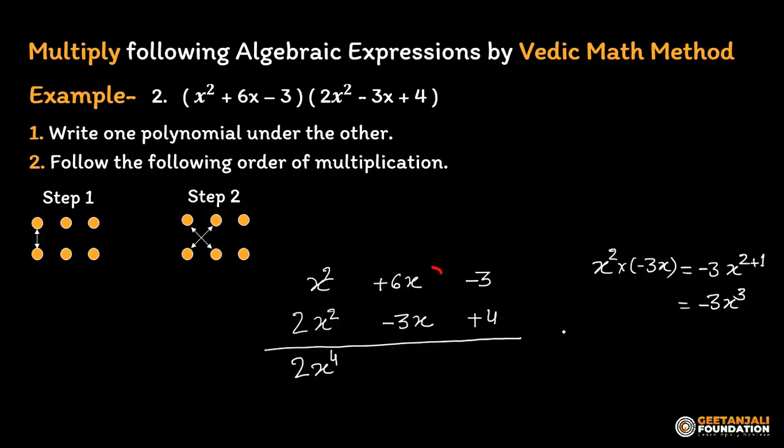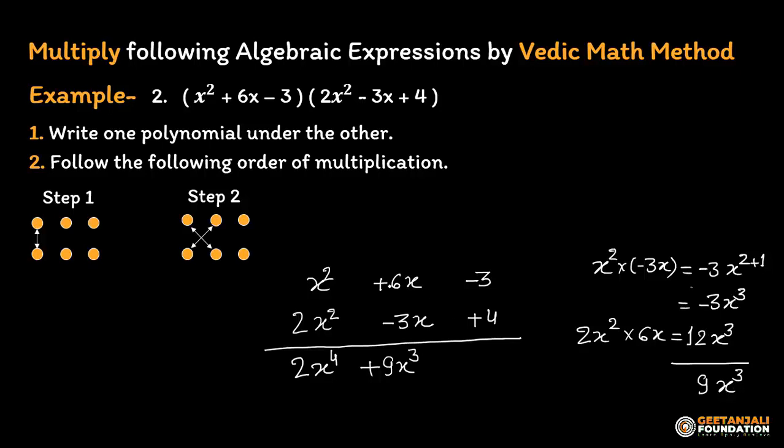And when 2x squared is multiplied with 6x, we will get 2 times 6, 12x raised to 3. Now we will add these two terms because these two are like terms. So we will get 9x cubed. So we will write plus 9x cubed because it is a positive result. 12 is positive, which is the bigger number.